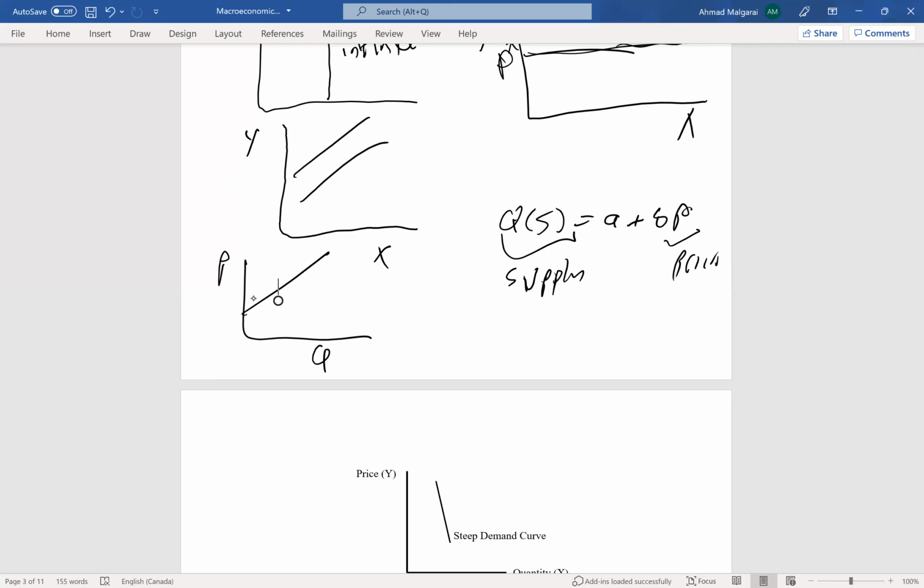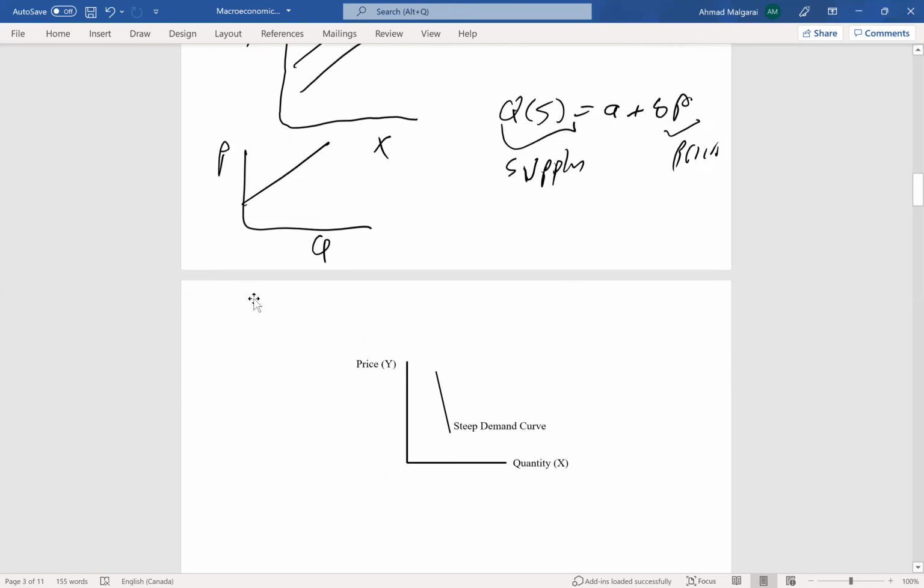We may want to ask a question like how strongly consumers react if the price of a product changes. And that brings us to the issue of a demand curve.